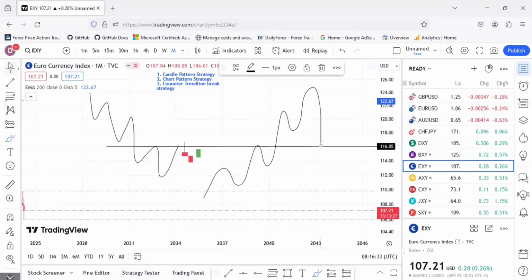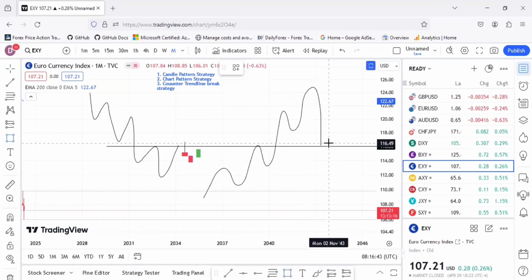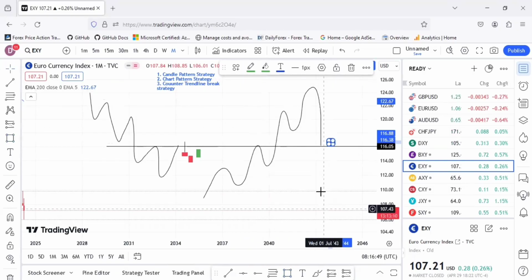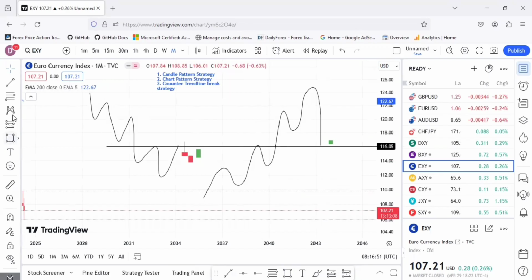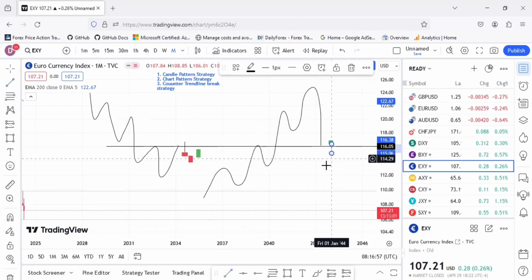You don't just jump in immediately. Wait for the reaction of the price. In this scenario, you are looking for a rejection from here. And what is that rejection called? It's a bullish pin bar.